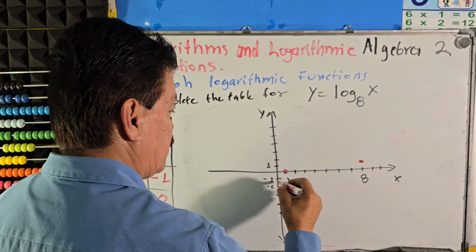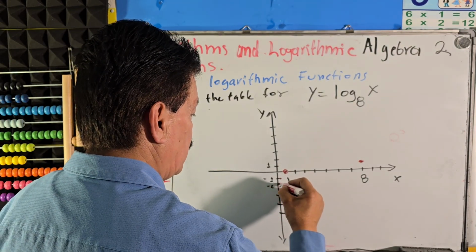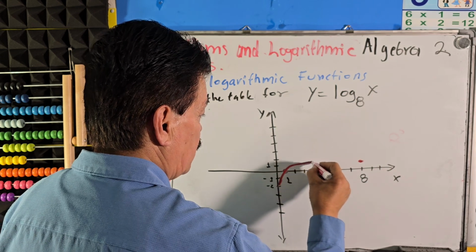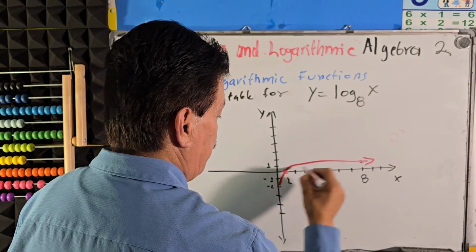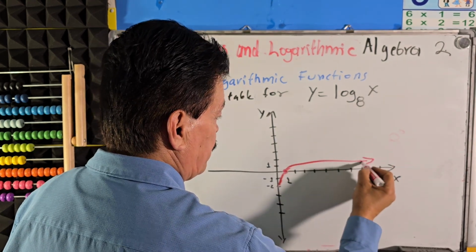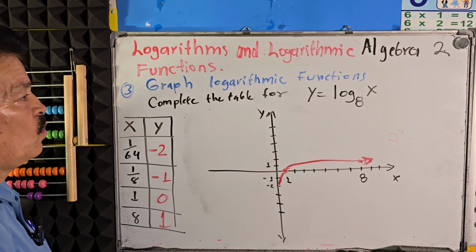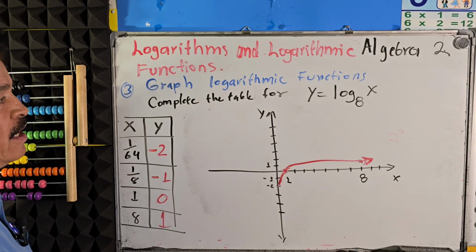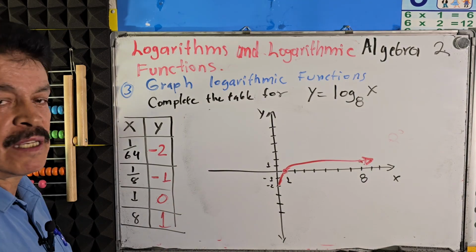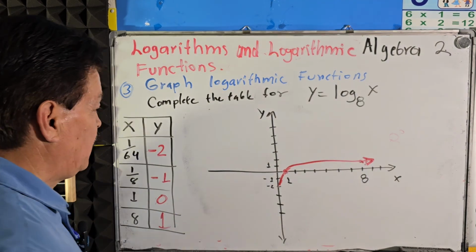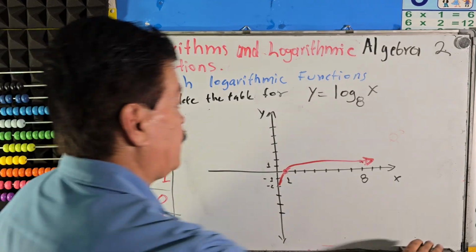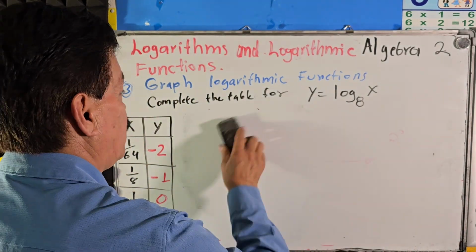So our graph is running like this. So that's the graph for this table, for this logarithmic function. All right, let's solve another one. Let's try to find the answer on another problem.